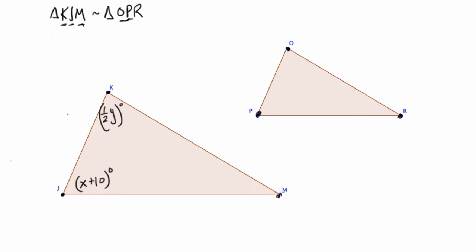And for M over here, they tell us it's 3z minus 10 degrees. So these are the measurements for each of those angles. And the corresponding angles over here are 60 and 40. And they want to know what is the value of x plus y plus z, over 2.